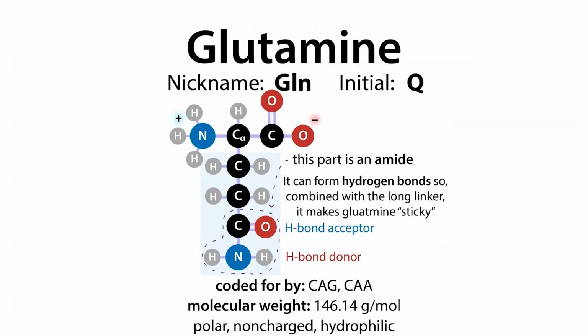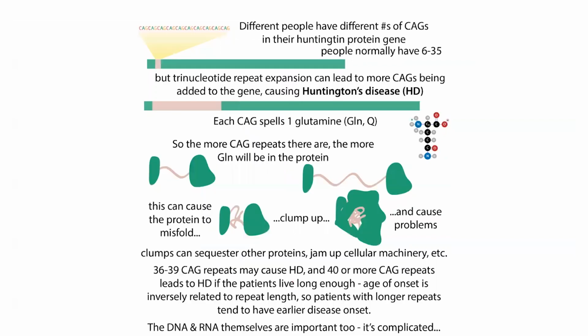And so normally this Huntingtin protein has a stretch of glutamine, like from 6 to 35 glutamines. But in the case of Huntington's disease, you can get 40 or more CAG repeats that inevitably leads to Huntington's disease if the patients live long enough. So the longer the tract that the patients inherit, the earlier the disease onset typically.